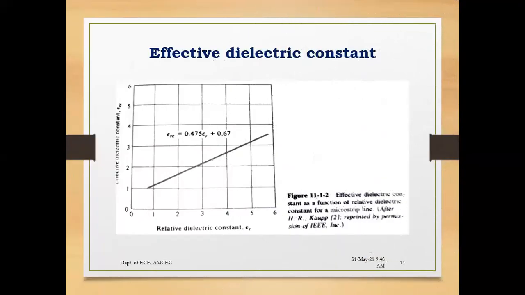Next, you have to write down an equation for the dielectric constant. You can note down the equation. The effective dielectric constant is given by epsilon reff. Now we know that some field lines are in the air and some are inside the dielectric.